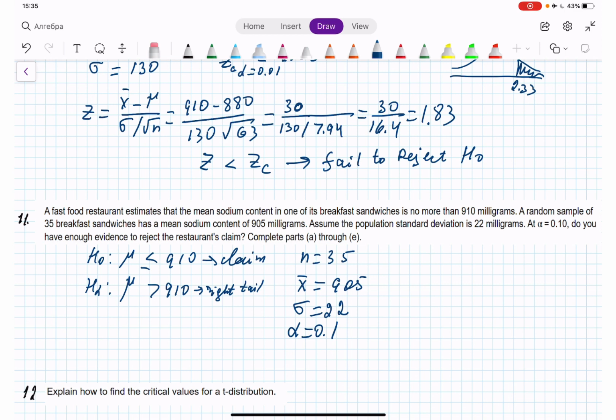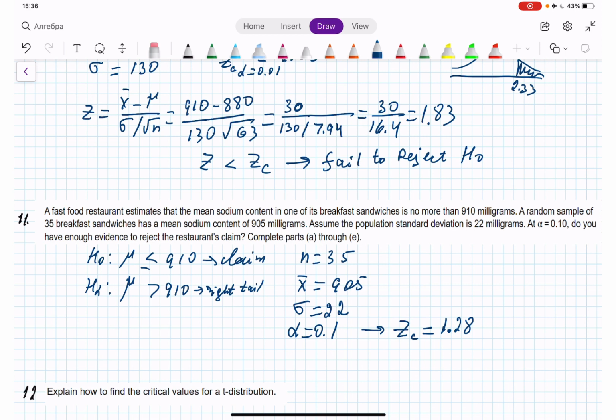Let me see if I find alpha 0.1. Oh, here it is, I found it. On the negative page of the z-score table, you find the z-score for probability 0.1. So z critical is going to be 1.28.